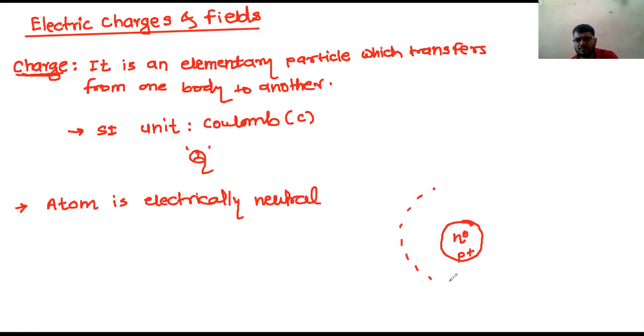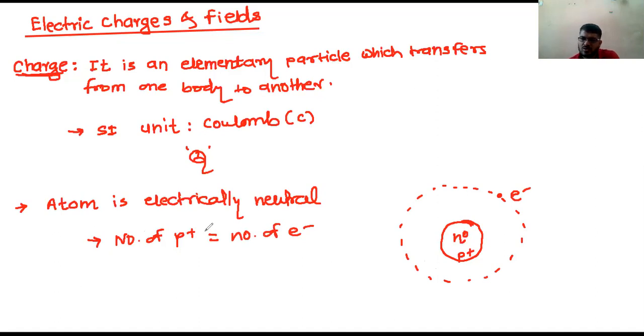And around this atom, there are electrons which are revolving around it. So you see, in any atom, number of protons is equal to what? Number of electrons. So if suppose 5 protons are there here in the nucleus, outside how many electrons are there? 5. So equal number of positive and negative charges, and hence atom is electrically neutral.